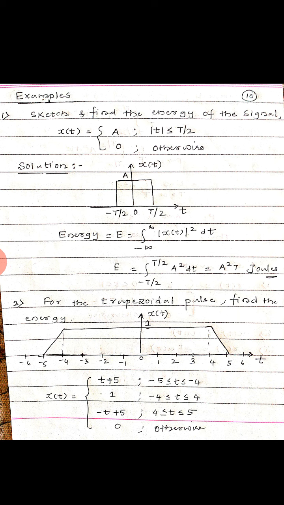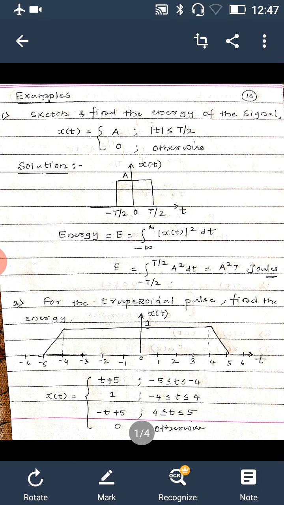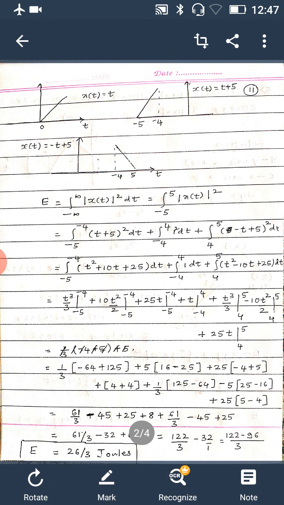Outside the interval minus 5 to plus 5 the signal x of t is 0. Now let us see how the signal is defined for the two different intervals, minus 5 to minus 4 and plus 4 to 5.